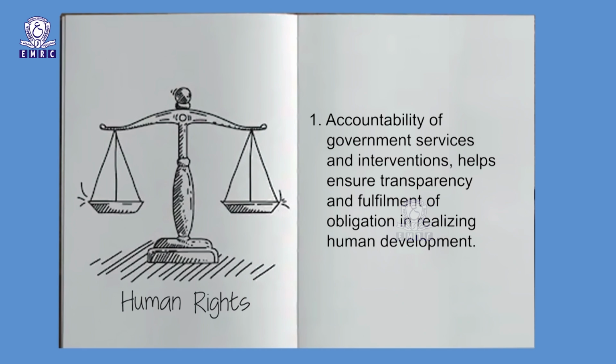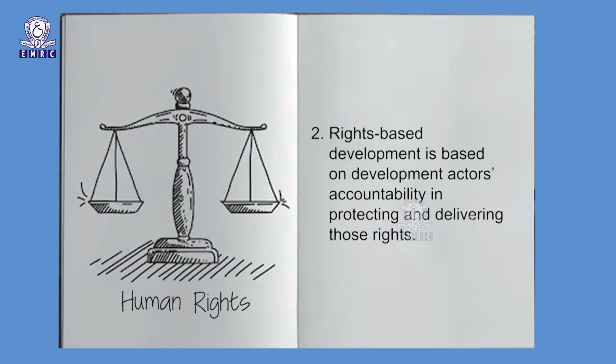There are, however, distinct social development issues under the human rights umbrella that deserve particular attention. 1. Accountability of government services and interventions helps ensure transparency and fulfillment of obligations in realizing human development. 2. Rights based development is based on development actors' accountability in protecting and delivering those rights. 3.